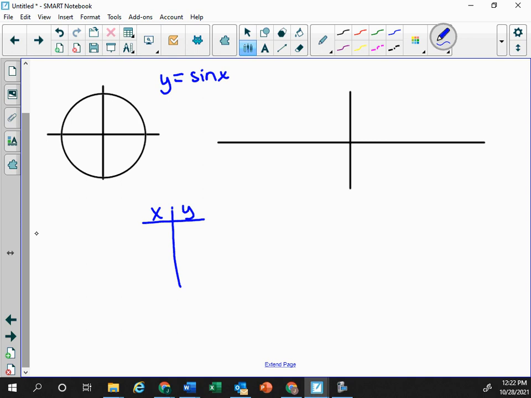The x is actually representing an angle. That's like pi over 2 or 2 pi over 3 or 150 degrees. That's what x is. Y is then the sine of that angle. Okay? So of whatever angle you pick.